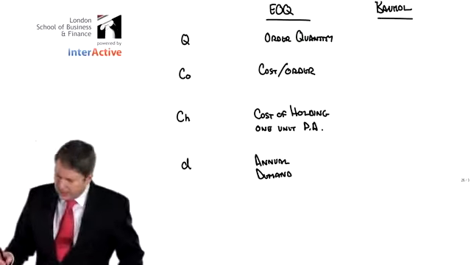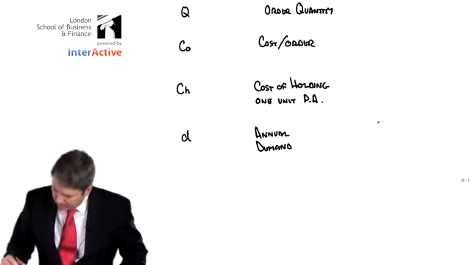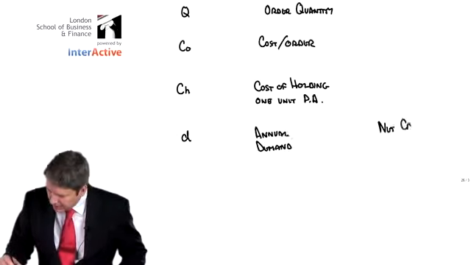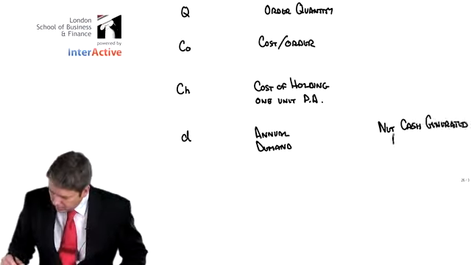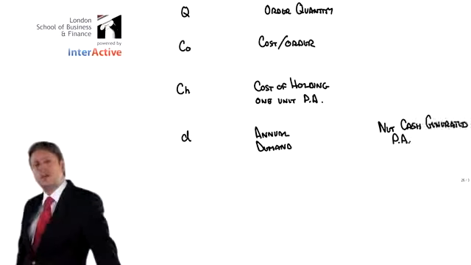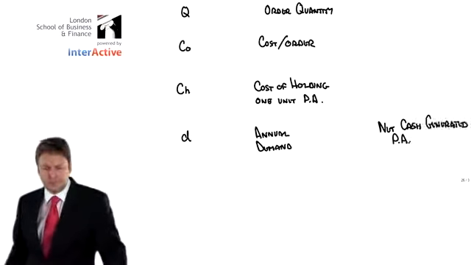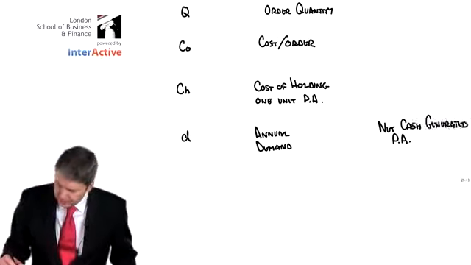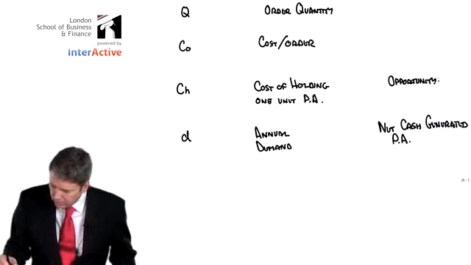So, when we look at D, we talk about the net cash generated, or used if you wish, per annum. You know, the amount generated over and above that invested or used. CH. Well, this is the opportunity cost of holding cash.